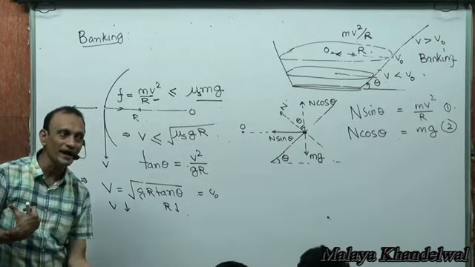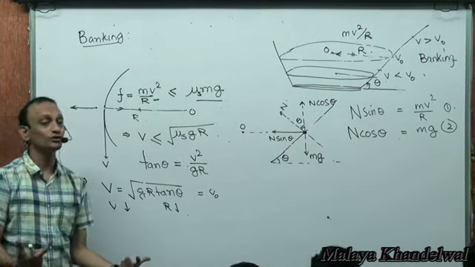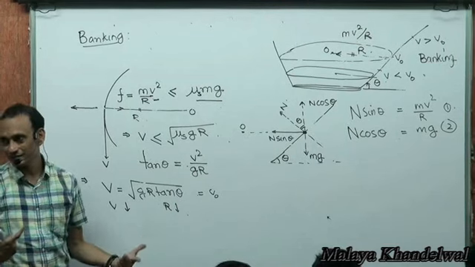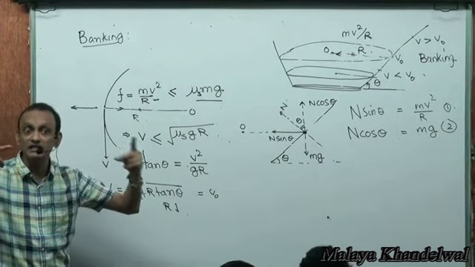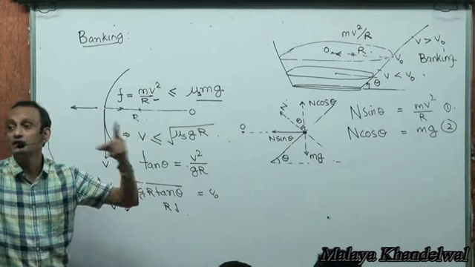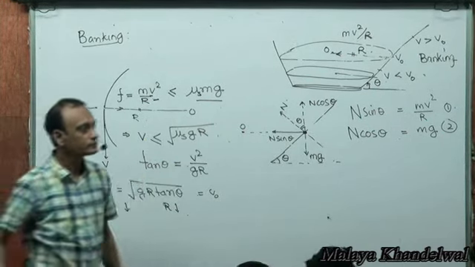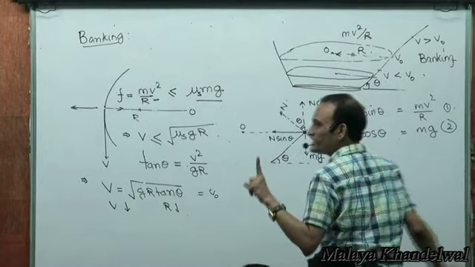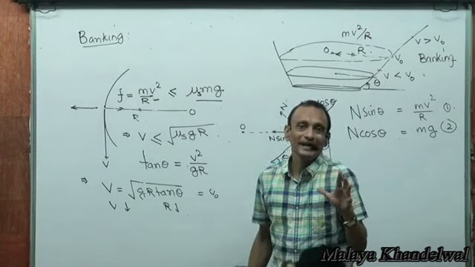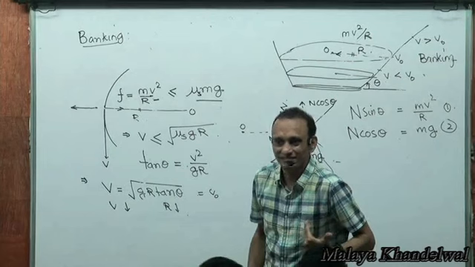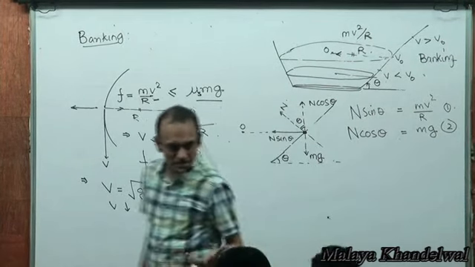Friction will then come and do the needful to the extent it can. Do you understand the basic premise? Now let us see how that happens. Clear? You don't want to change R. You don't want to calculate a v while driving. Right? Isn't it?